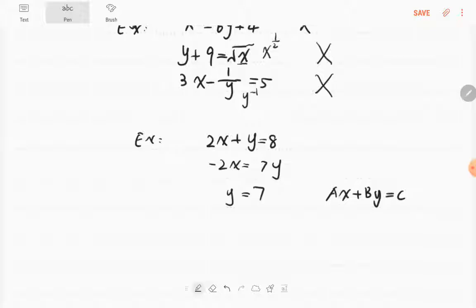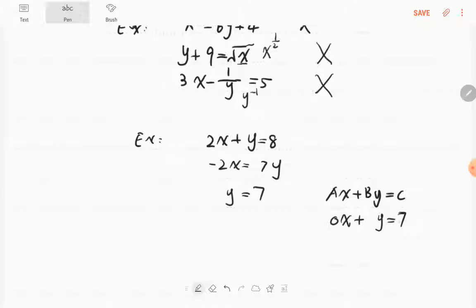So we can treat it like this. The coefficient a is equal to 0, but b is equal to 1, right?